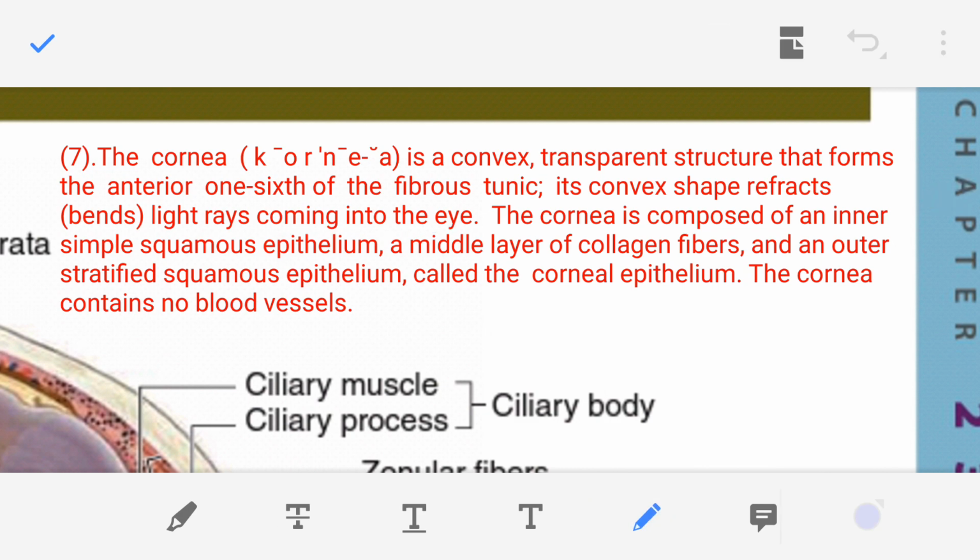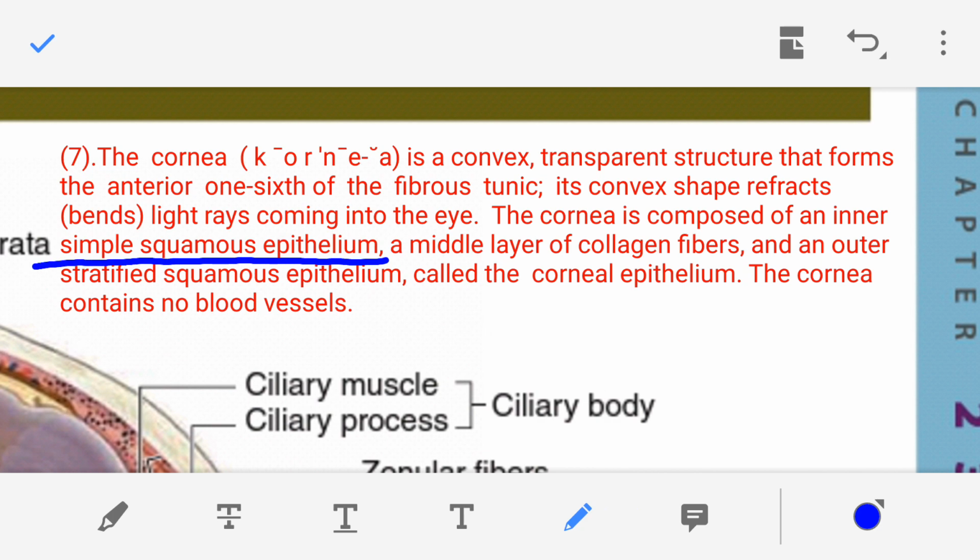Now, what is the structure of the cornea? What is the cornea made up of? The cornea is composed inside of simple squamous epithelium. In the middle layer, collagen fibers are present, and the outer region is occupied by stratified squamous epithelium, which is known as the corneal epithelium.